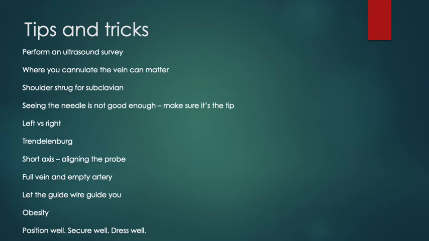So perform your ultrasound survey we've been through, and then where you cannulate the vein can matter. What I mean by that is, if you imagine your cross-sectional view of your vein is a clock face, ideally you'd like to enter your vein at 12 o'clock or somewhere between 11 and 1 o'clock. It's not to say that you can't enter elsewhere, but you will run into trouble in terms of dilation and risk of dissecting the vessel that you're in if you're running your wire up through the side of your vessel.